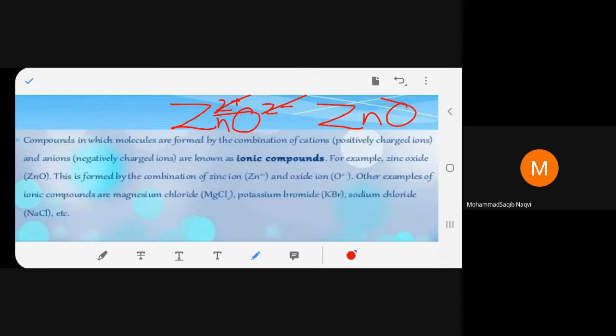I repeat again, it has to be neutral. If the cation is 1 plus, then the anion has to be 1 minus. If the cation is 2 plus, then the anion has to be 2 minus. If the cation is 3 plus, then the anion has to be 3 minus. Is it clear to all of you? Because the compound has to be neutral. It cannot be charged. Hope you understand? Yes, ma'am.